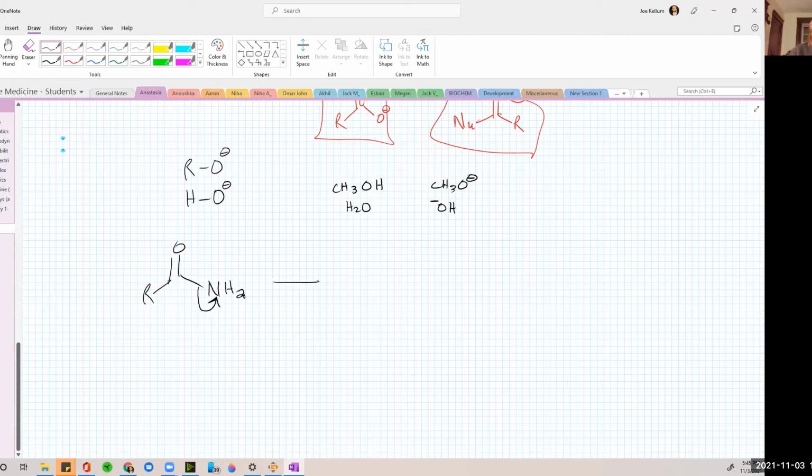So what's going to be more stable carrying a negative charge, nitrogen or oxygen? Oxygen would be more stable, because it's a little bit more electronegative.